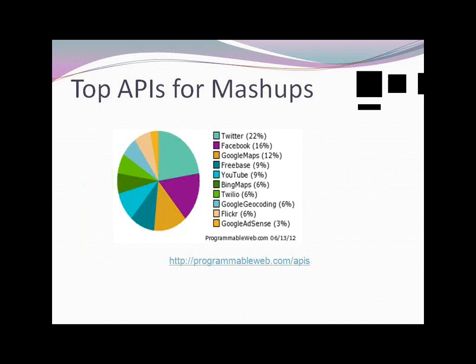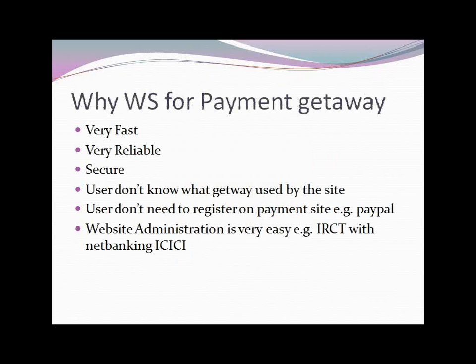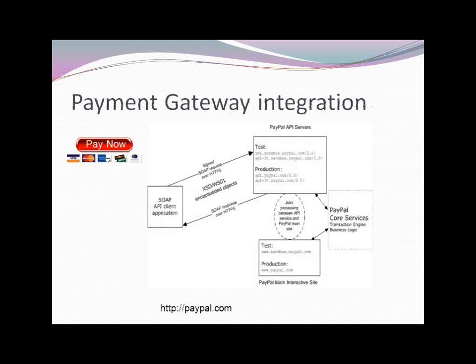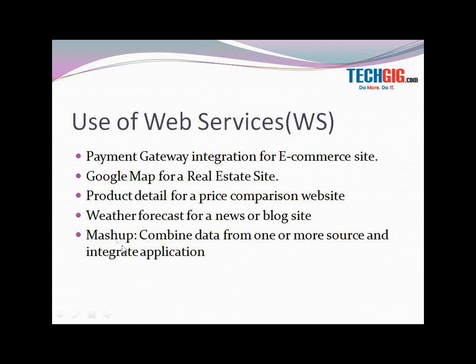Next, I have taken a mashup. A mashup is a combination of data from different sources. Say I want to get data from Yahoo Shopping, Rediff Shopping, or some different sites. I can make a comparison website that shows who is less costly for a product.